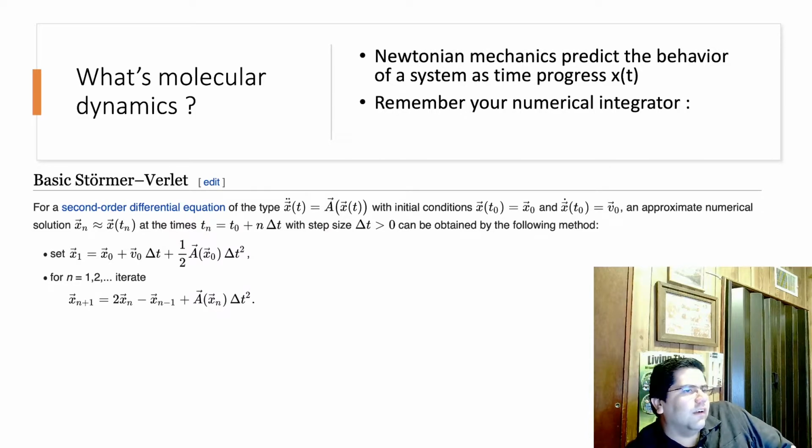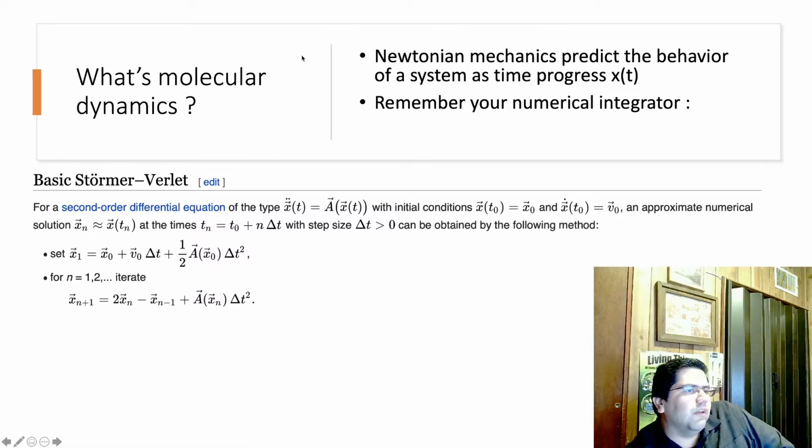How are we going to find the solutions to the Newtonian equation? How are we going to compute that using different methods? Well, remember you have to use a numerical integrator.